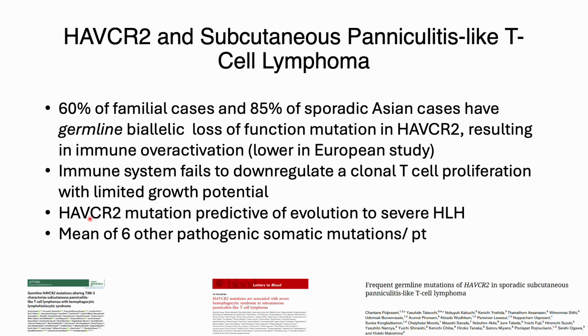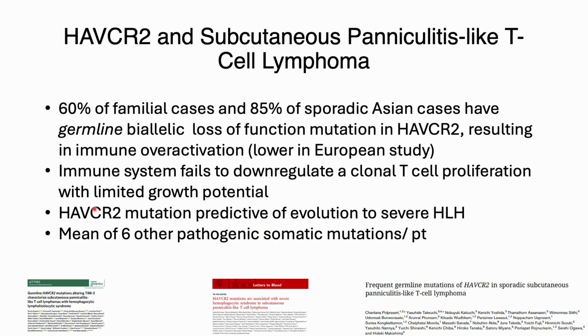So although this mutation may not be quite as useful in the US as it might be in Asia, if you do have the HAVCR2 mutation, it's predictive of evolution to severe hemophagocytic lymphohistiocytosis, and also knowing that this is a lymphoproliferative process rather than reactive, we can look for other pathogenic lymphoma mutations, and subcutaneous panniculitis like T-cell lymphoma patients have a mean of 6 other pathogenic mutations.